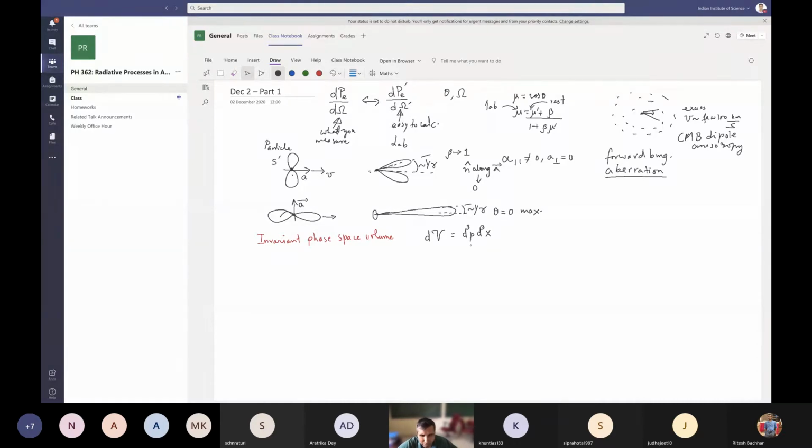Let's just consider x and p, forget about the other directions.